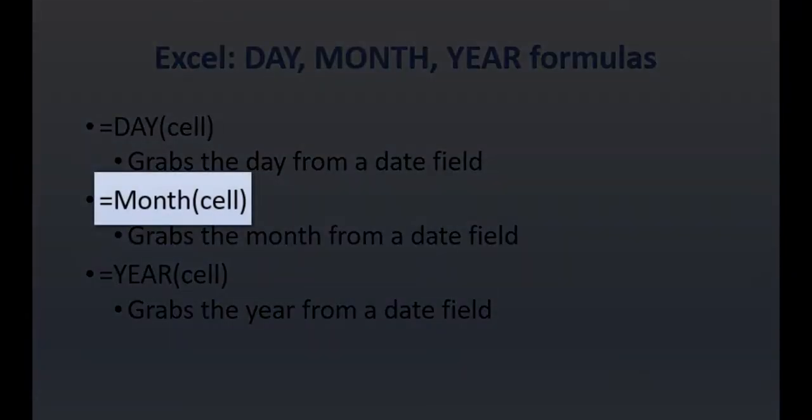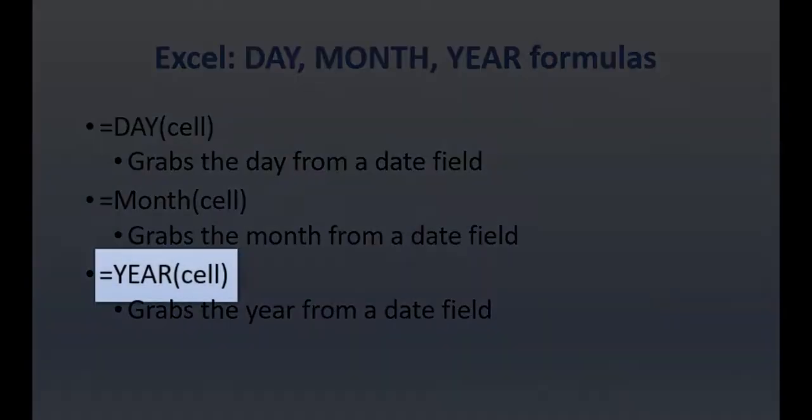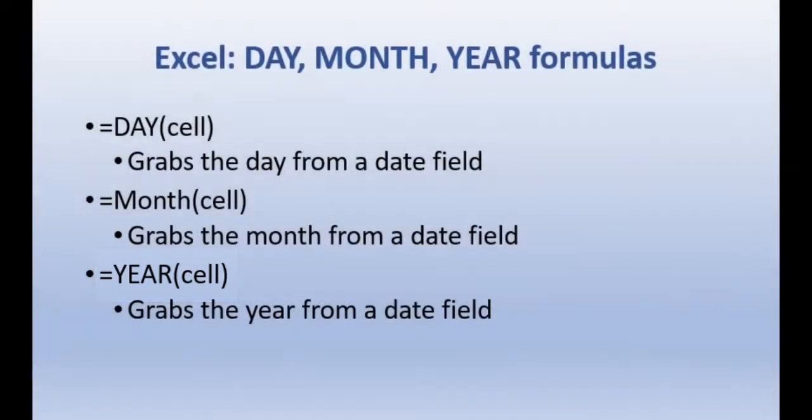Equal month, the cell you want, grabs the month, and of course equal year, the cell you want, grabs the year. And what I would always recommend is that even when you write the formula and you're really confident that you're getting the answer that you want, double check the formula that you just wrote just to make sure that it's correct.